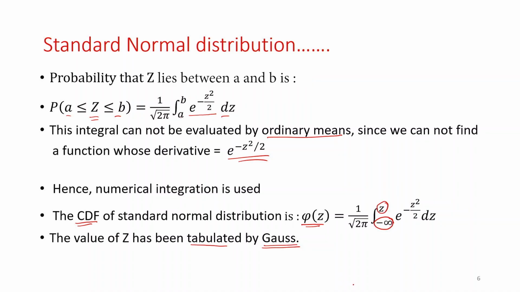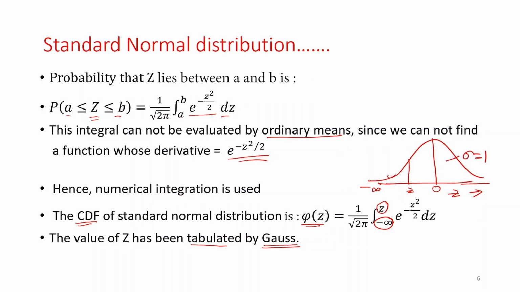That means CDF basically means that if I draw the standard normal distribution curve, then from minus infinity to a particular value of z, let us say this is the z variable, with μ equal to 0 here, and here σ is equal to 1.